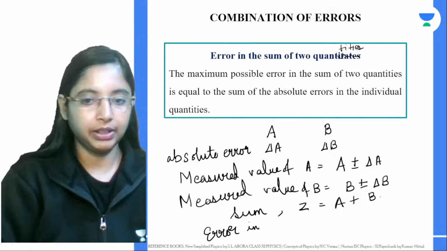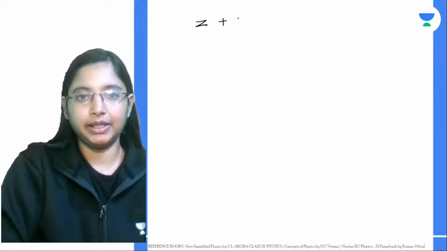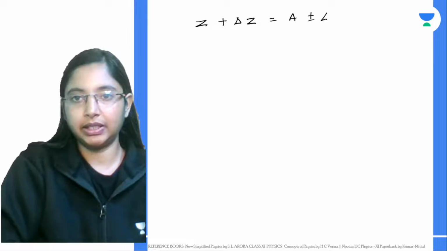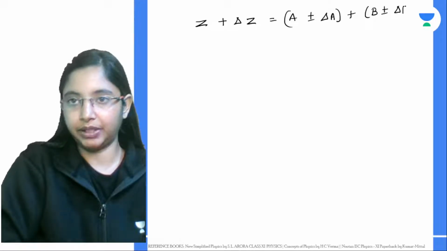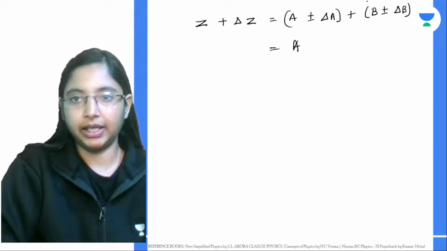Let me do that on the next page. The possible sum will be Z plus delta Z. Z plus delta Z will be A plus or minus delta A, plus B plus or minus delta B, correct? Here I can take the actual quantity, A plus B, outside.